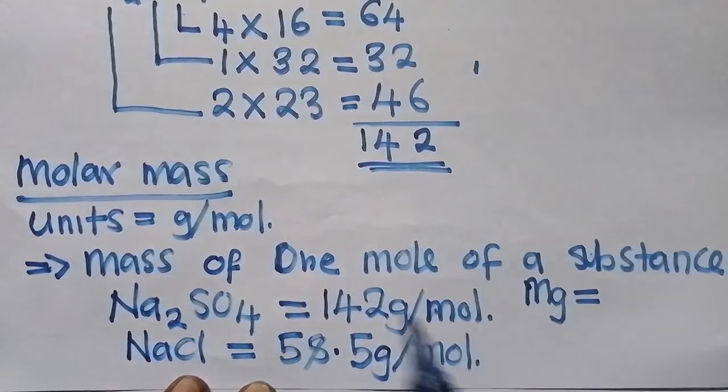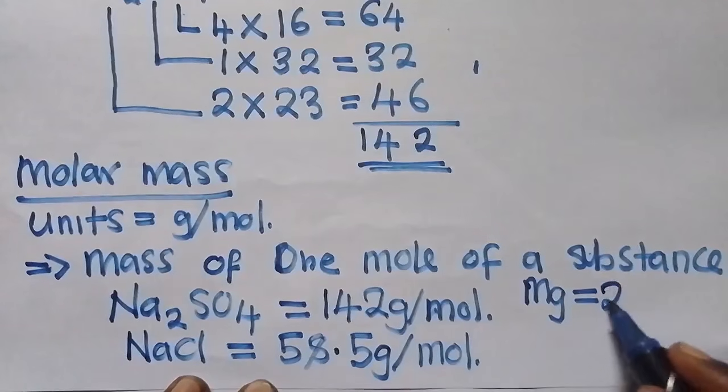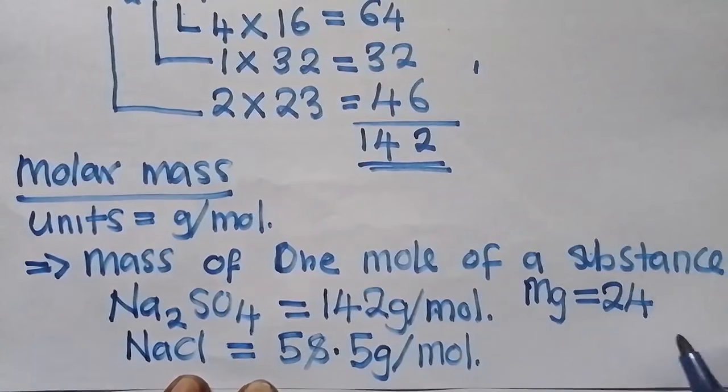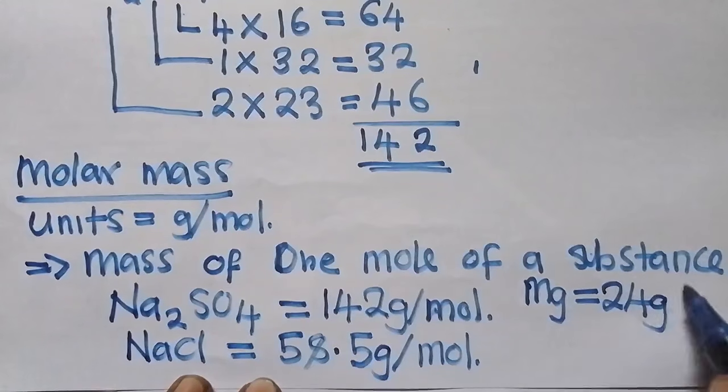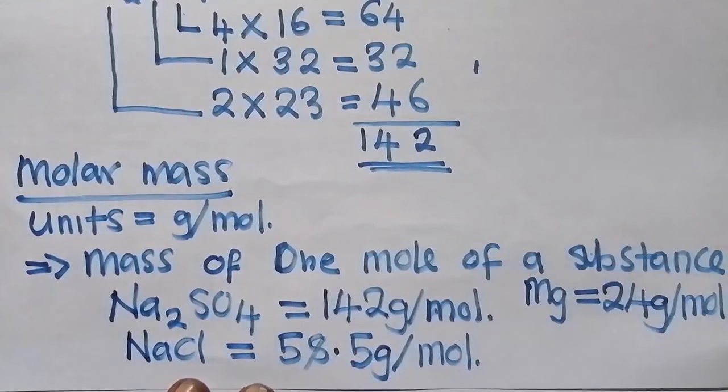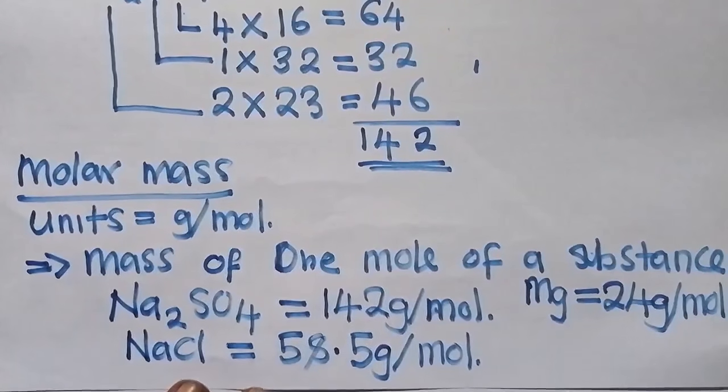When you are asked to find the molar mass of magnesium, you put units. The units are grams per mole. This is what you just need to include.